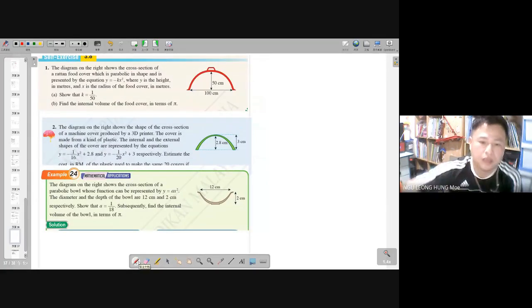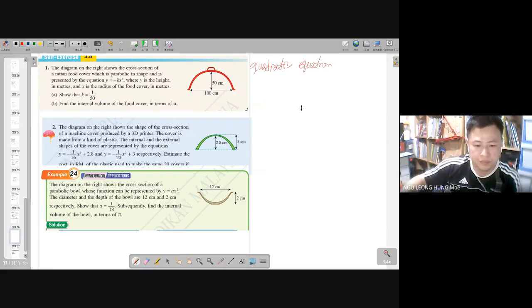So first thing, you have to make sure you relate it with the equation, which is the quadratic equation.